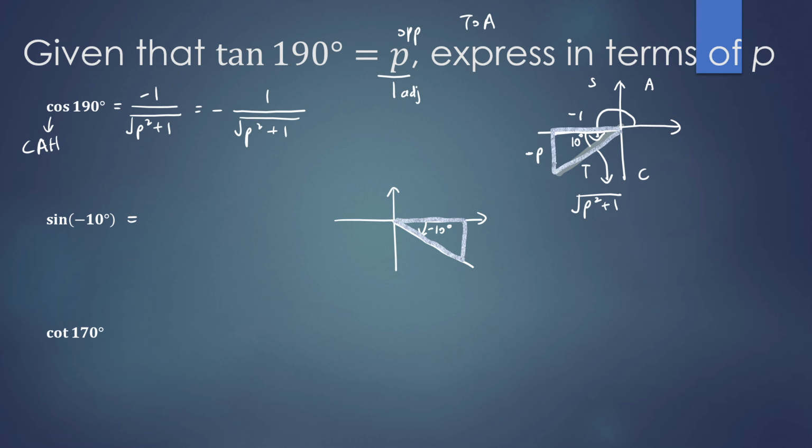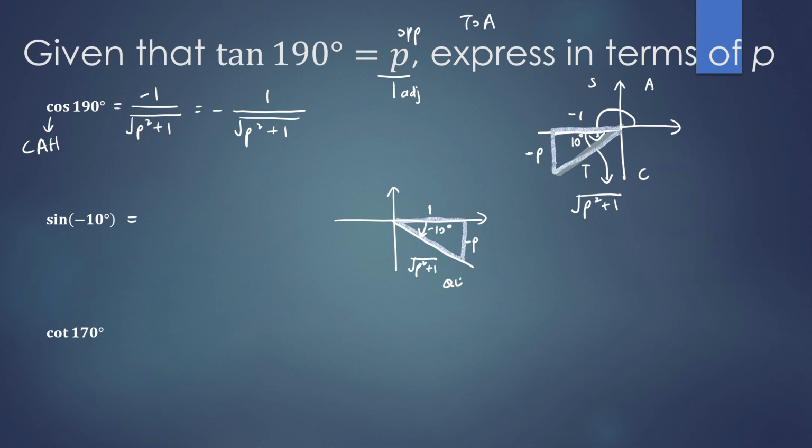The dimensions are exactly the same, so I will have a p opposite side, and now I'll put a negative p because the distance p there is below the 0 on the y-axis. And in this case, my adjacent side will be positive 1 because it is on the right hand side of the x-axis. With that, the hypotenuse would be square root of p squared plus 1.